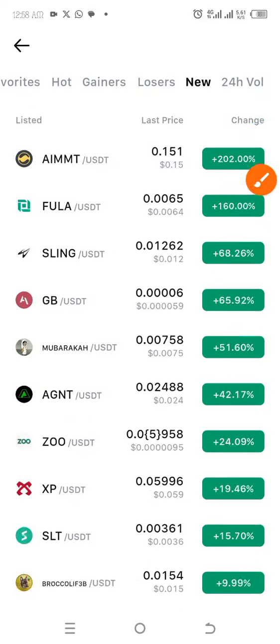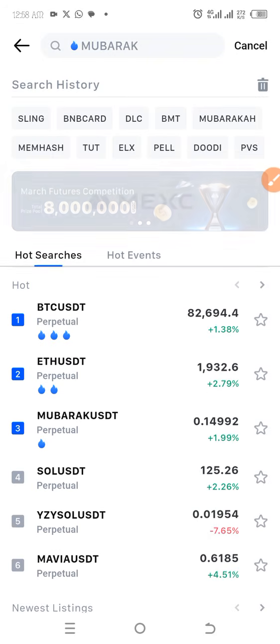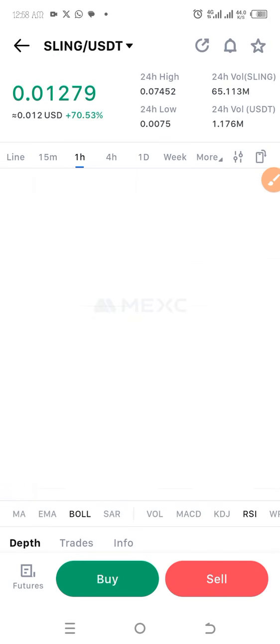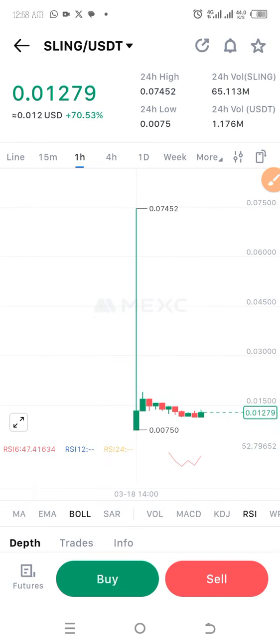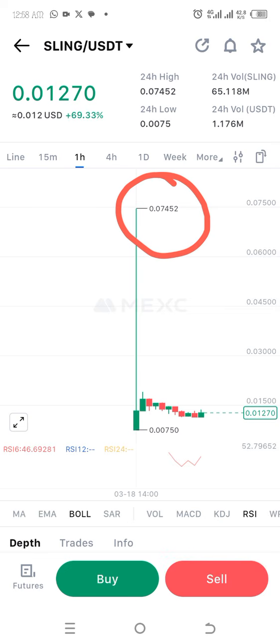Sling. So once you come to this place, Sling is already on my search, and as you can see, this is the current price. Let's look at the price it was listed at. It was listed around this price, 0.07, and on the IDO they were selling it around 0.01.